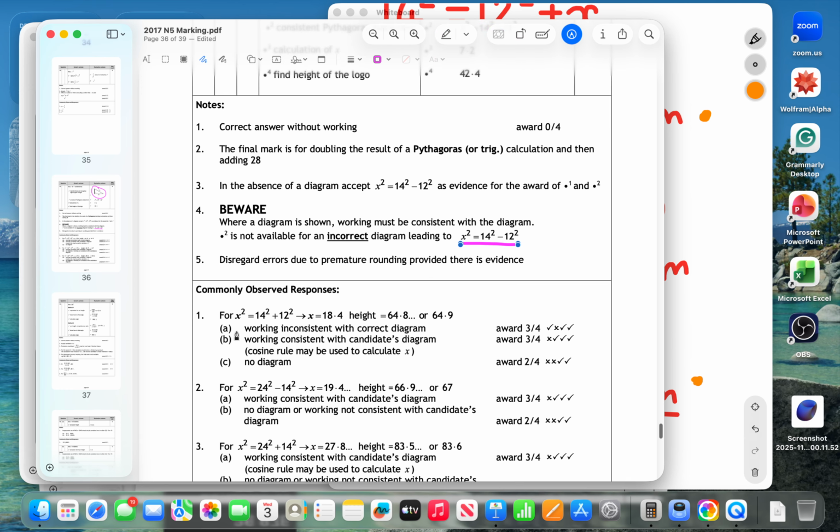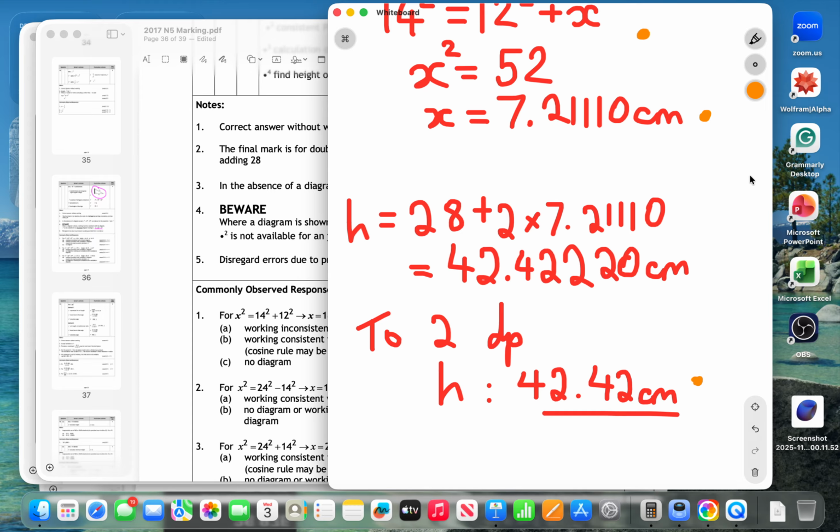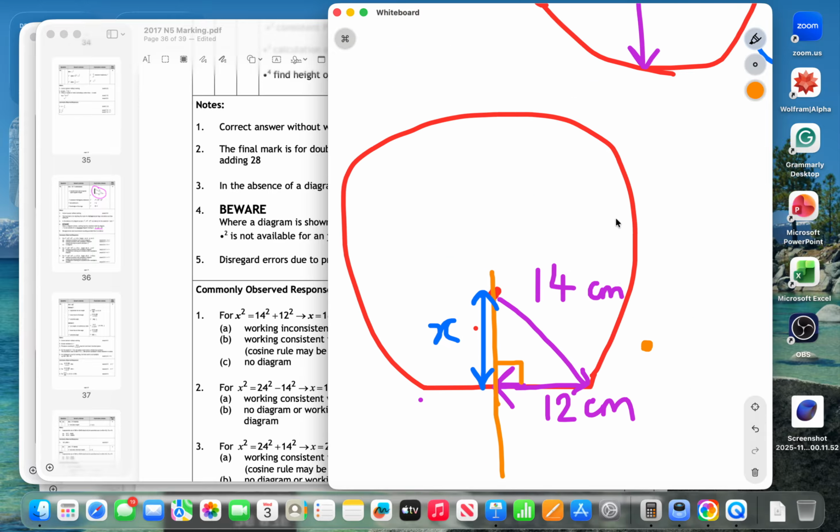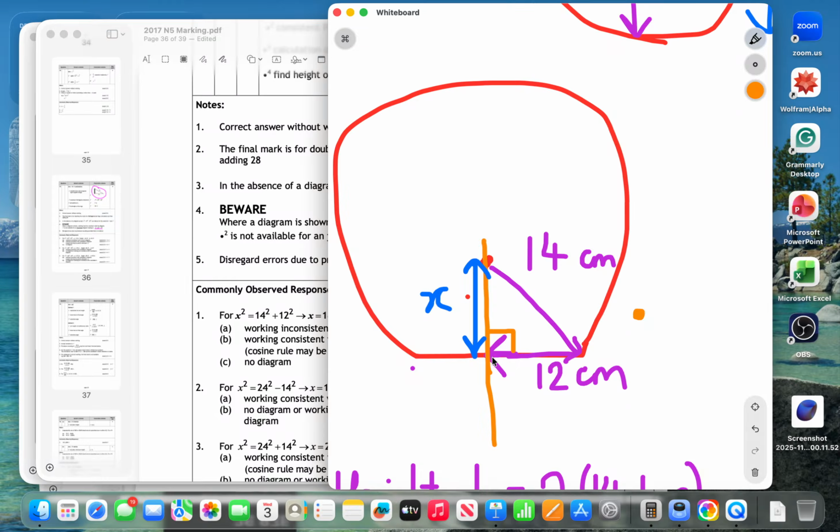And as I said, a common mistake was assuming that you're finding the hypotenuse, because x is not a hypotenuse. Many pupils substituted 24 instead of 12. So many pupils thought that this distance of 12 was actually 24.